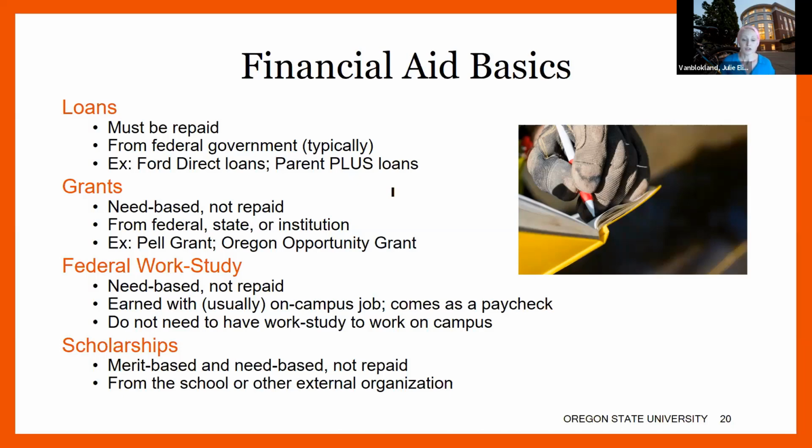But a lot of students don't get work study in their aid offer because it is a very limited type of need-based aid. But don't worry if you don't have work study, because a lot of jobs on campus are not work study and you can still apply for those. Then there are scholarships. Scholarships are mostly merit-based and they do not need to be repaid. We've got institutional scholarships and you can do outside scholarship searches as well.